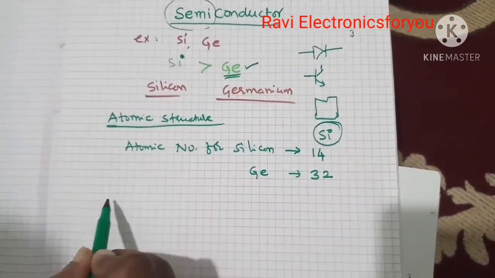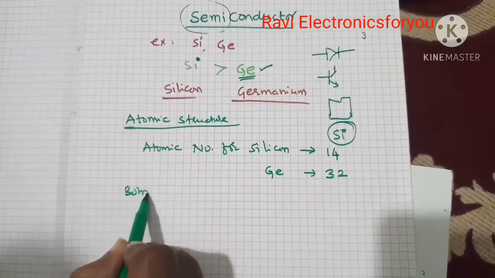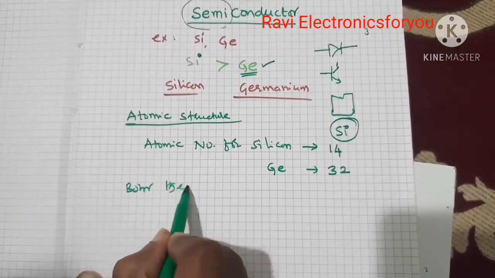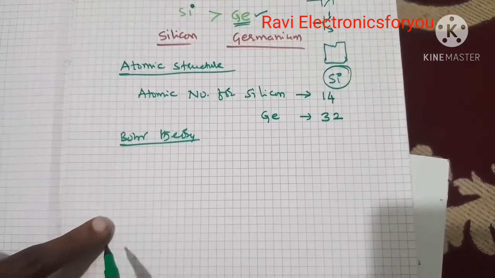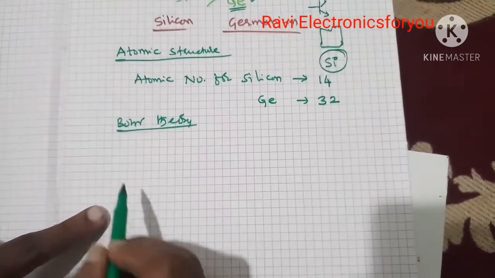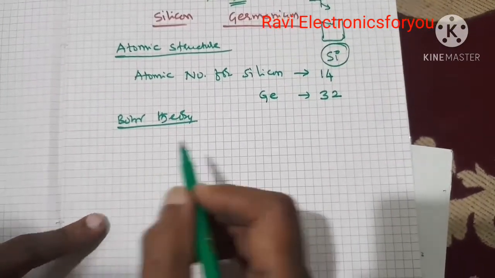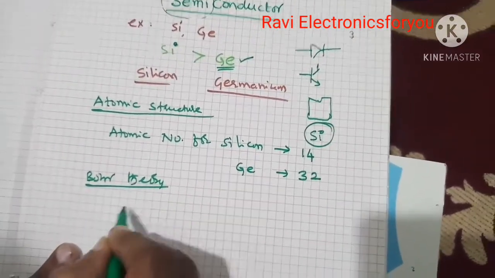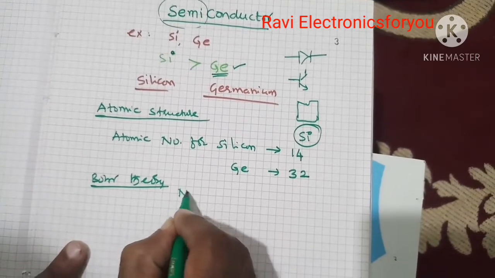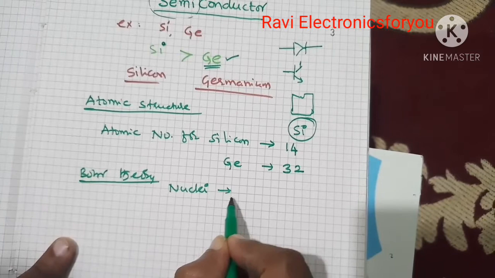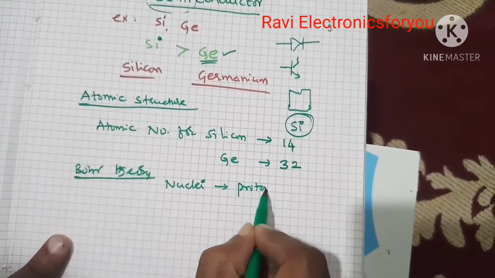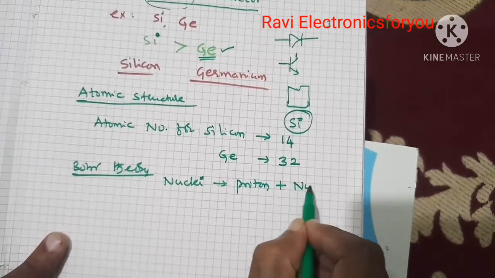Now with respect to Bohr's theory, we need to draw how the atomic structure looks for silicon and germanium. Before that, we need to understand what the nucleus is. The nucleus is the combination of proton plus neutron.